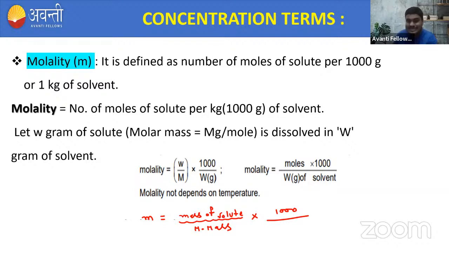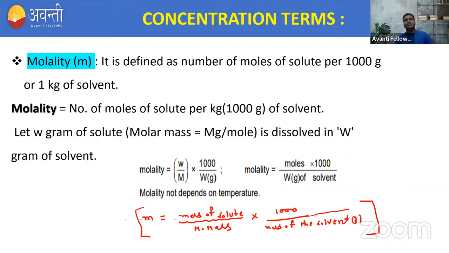Yes, that is mass of the solvent, right? So this is the mass of the solvent in gram. For grams we divide by 1000 to become kilogram, right? So this is the formula for finding molality of the solution.